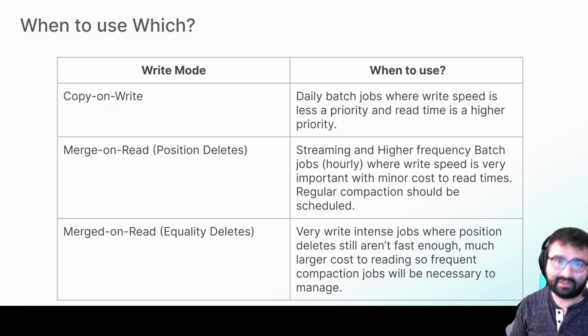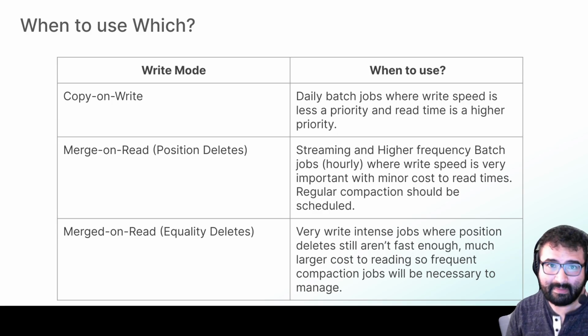You need to make sure that you optimize that write latency. But then again, if you are using equality deletes, you want to make sure you run regular compaction on that data, so basically make sure that you're rewriting those data files into optimal sizes on a regular basis.